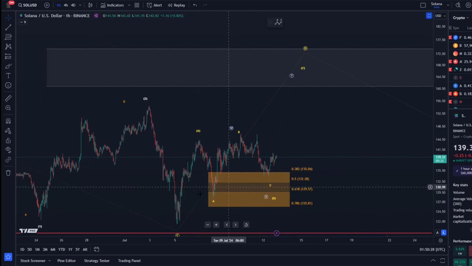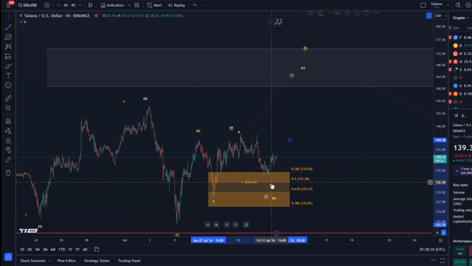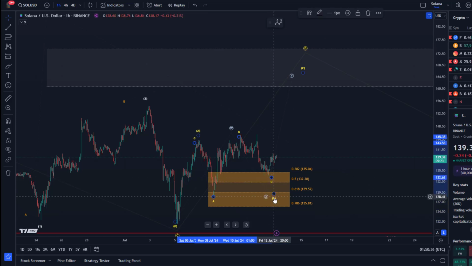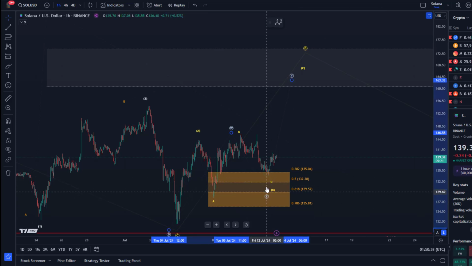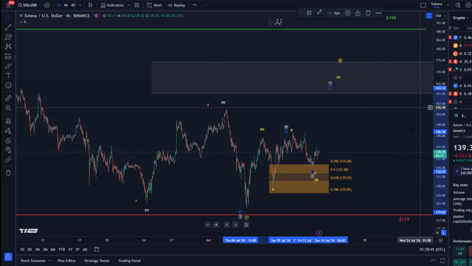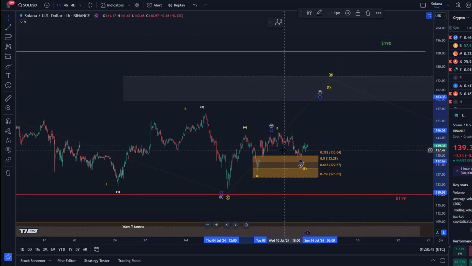The levels matter, not so much the micro count, but at the same time, I show you my ideas of the micro count to help you understand the structure and how I get to these Fibonacci levels, because they are really what matters. I always say, don't trade the count, trade the levels. So trading the levels means adding a little bit here if you want to trade this.